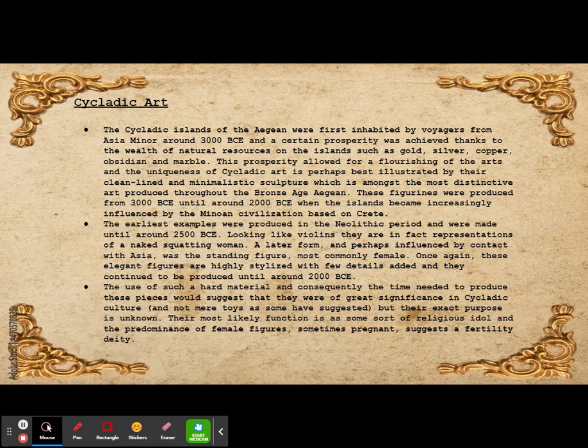And of course, they were very much known for nature sources and searching for gold, silver, copper, and marble, and creating their art pieces and whatnot. And of course that is in the Bronze Age, and it was quite interesting to know about that.